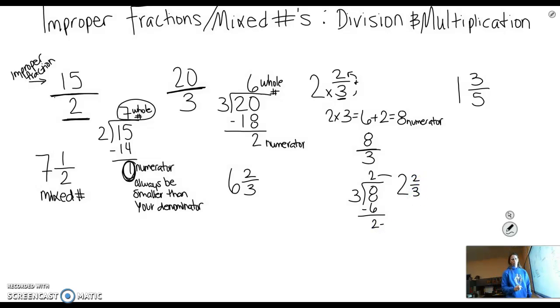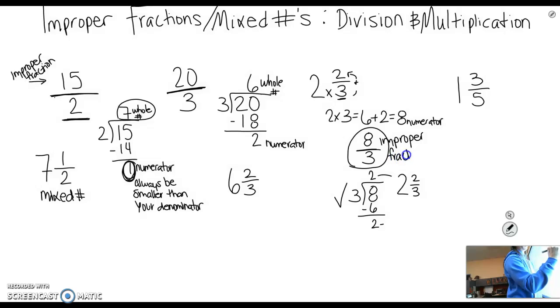Right? This is just a check. This is my answer, my improper fraction. Just to show you the relationship, how you can go back and forth.